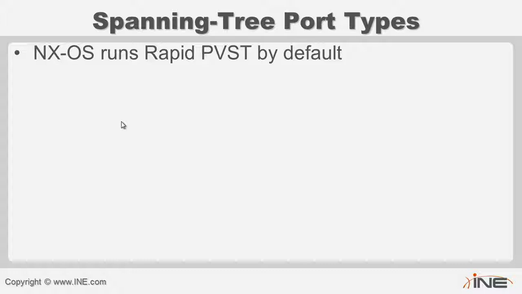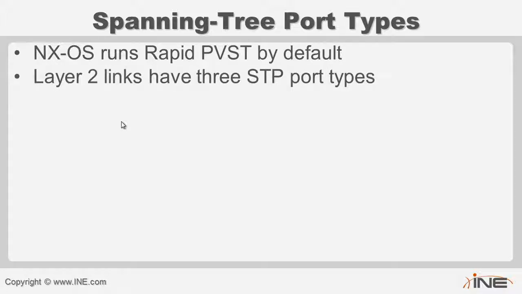So this means that if we create VLANs 1 to 100 in the VLAN database, it means that we're going to have 100 separate instances of spanning tree. Now, whether we actually want that or not, whether we want the extra load on the control plane, we will have the option to configure multiple spanning tree, or MST, in order to try to cut down the number of instances that we have actually running for STP.